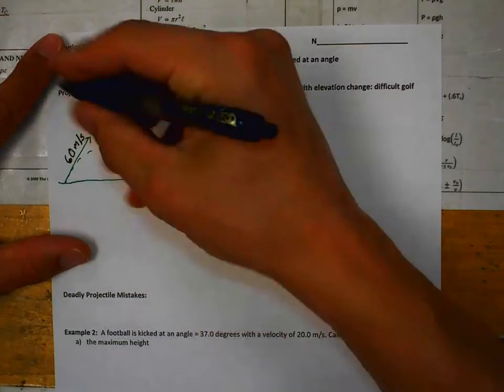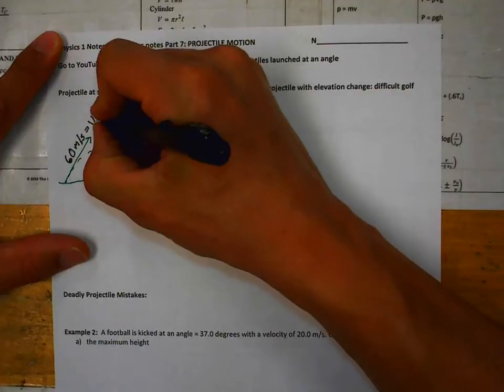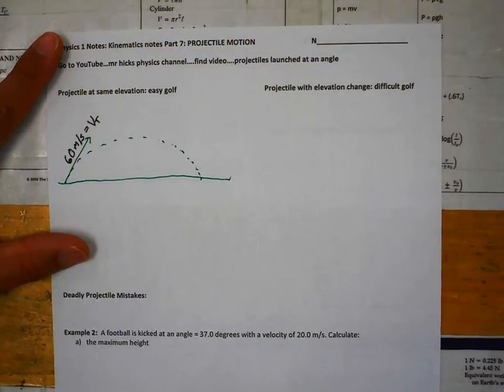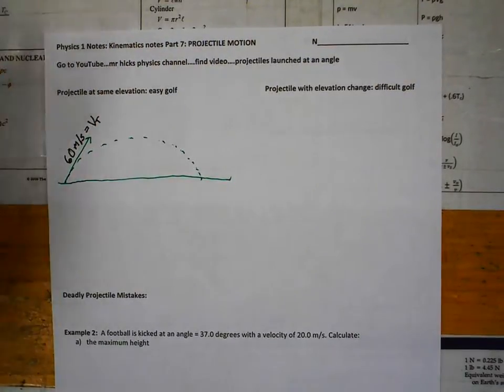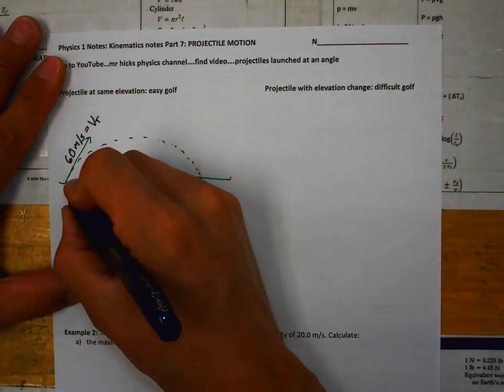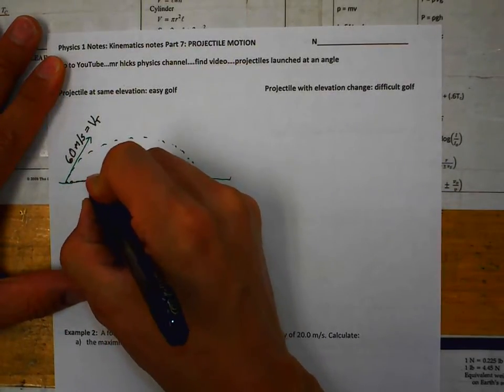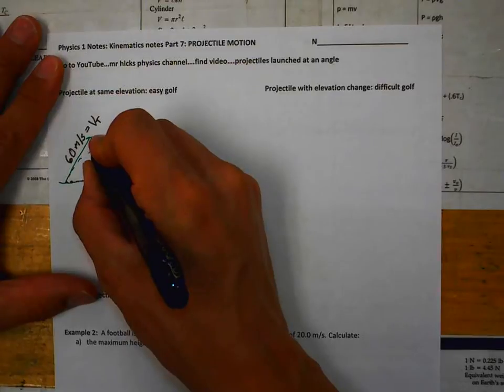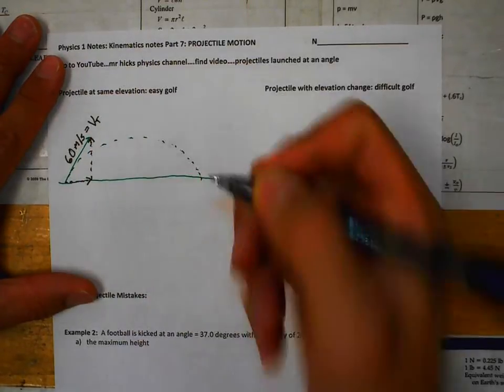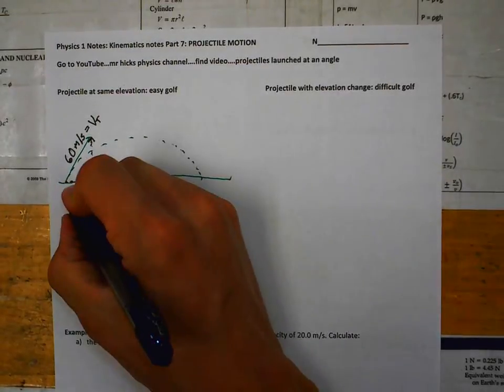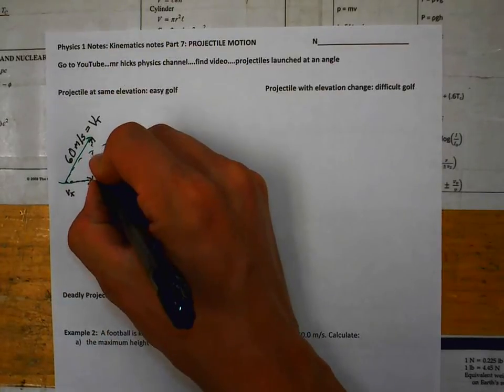We're going to call that VT, V total. And you learned in vector boot camp that we can break that into a horizontal and a vertical velocity, like that. And we call this Vx and we call this Vy.